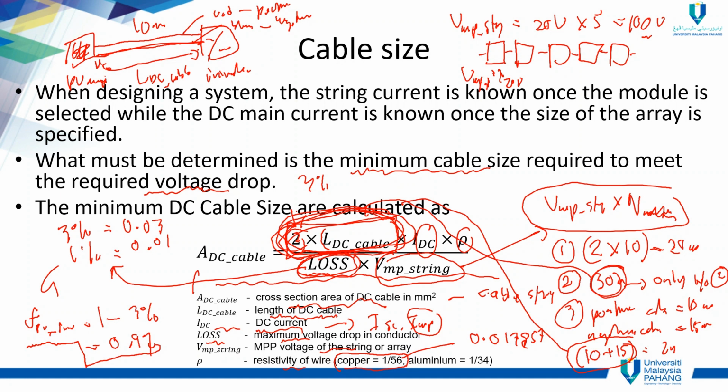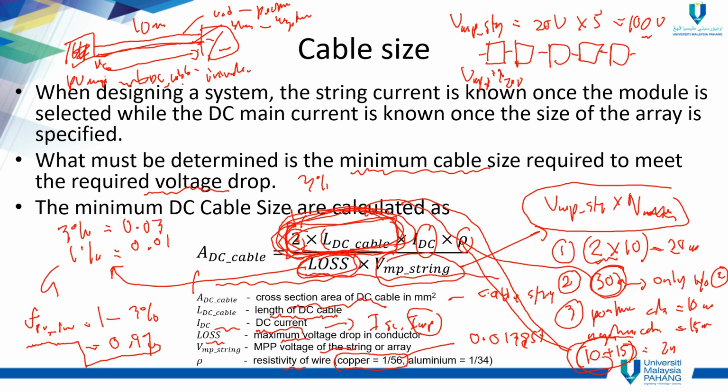Okay, but this one, 10 plus 15 will replace 2 multiplied with LDC cable. Boleh? Dekat sini, because it is given clearly, positive cable how much, negative cable how much, that's why kita just add up 10 plus 15. For the first case, they just give you the distance between the PV array and inverter is 10 meters.